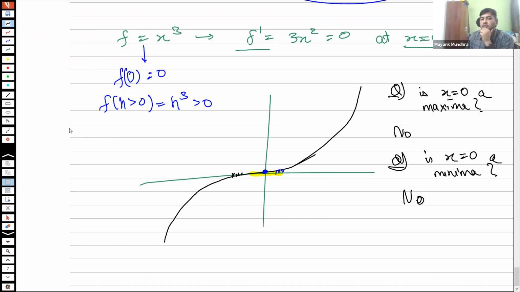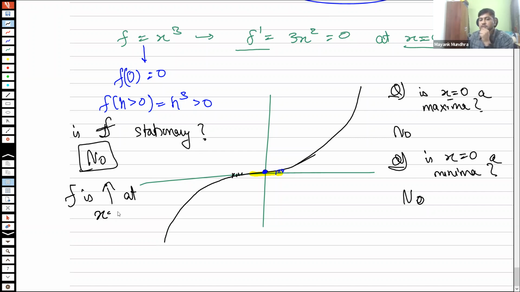Which then brings me to the question, is f stationary? Okay, the answer is again no. The function is increasing at x equals 0, because the actual definition of an increasing function is that if you are going to increase the value of x, it's going to increase the functional value.